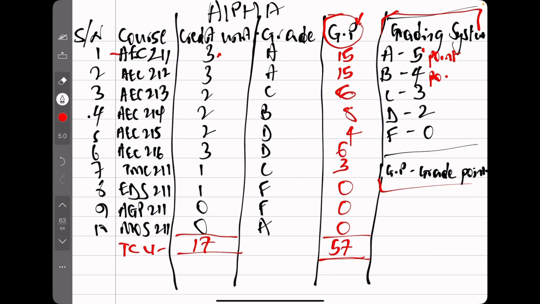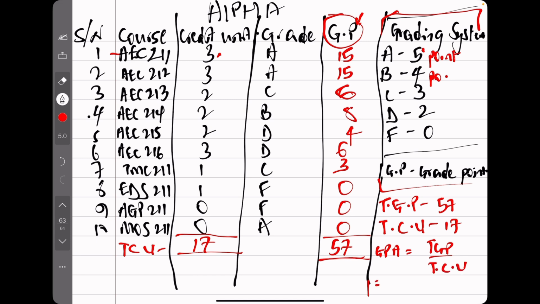So we've gotten our total grade points, TGP, to be 57, and our total credit units to be 17. Let me say the formula now for your GPA. GPA equals your TGP, your total grade points, over your TCU.